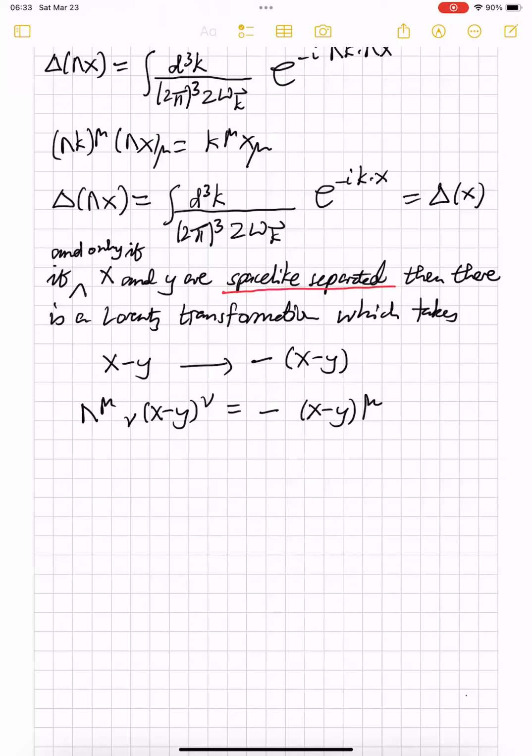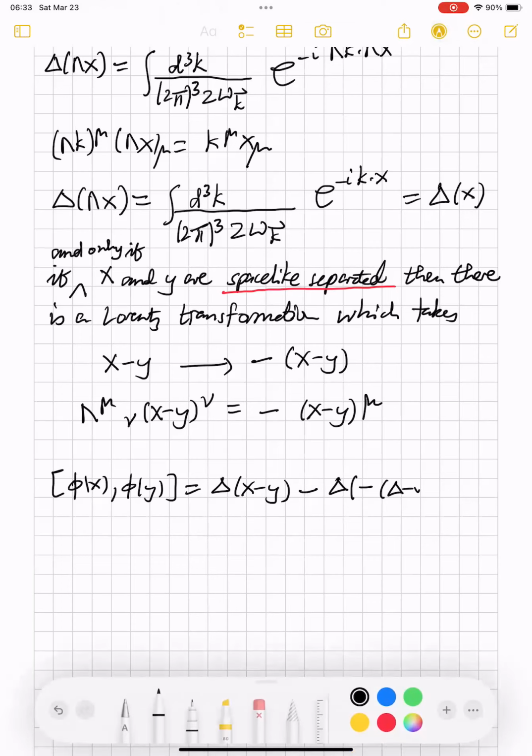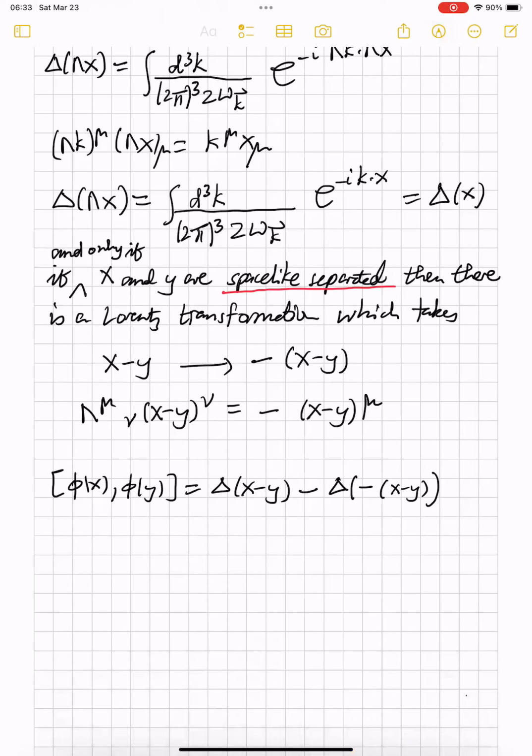But what does that mean? So we proved that the commutator of phi of x and phi of y was equal to delta of x minus y minus delta of minus x minus y.